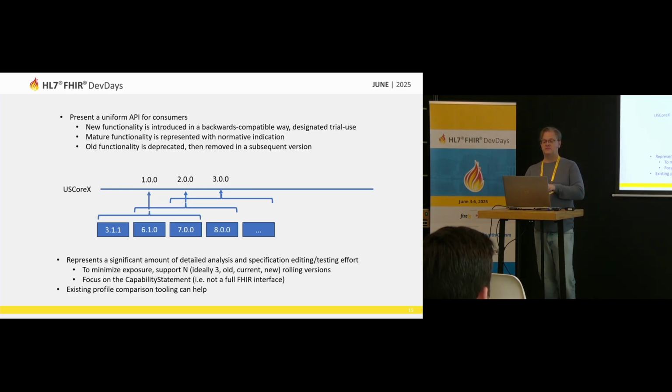From the CQL space, we can say we're using US Core 7, and that brings in the prior versions as well, because the profiles are effectively backwards compatible. If you have a 7.0, a 6.10 instance is conformant, and a 3.11 instance is conformant for most things. Because we have the ability to bring in model info from multiple implementation guides, we can work that way.